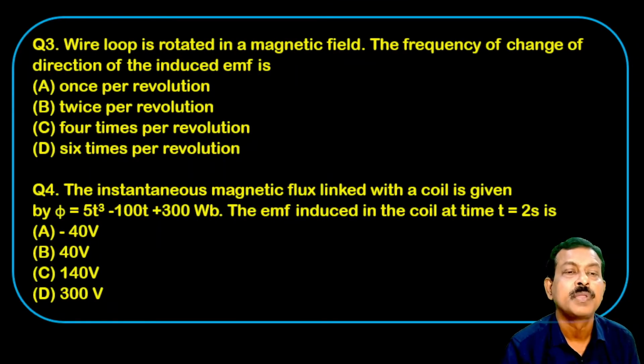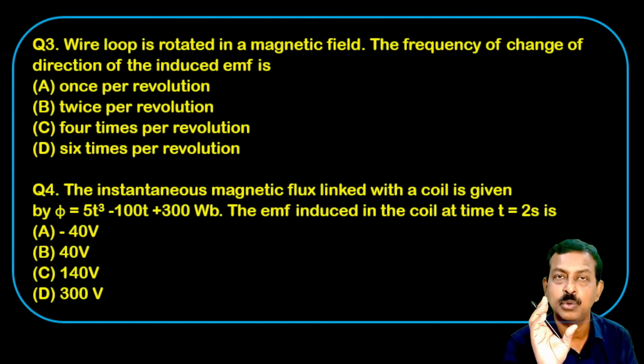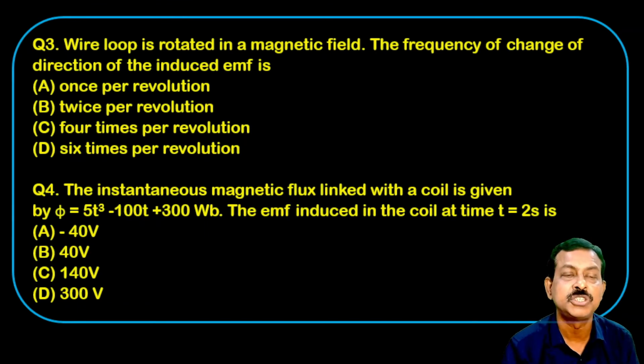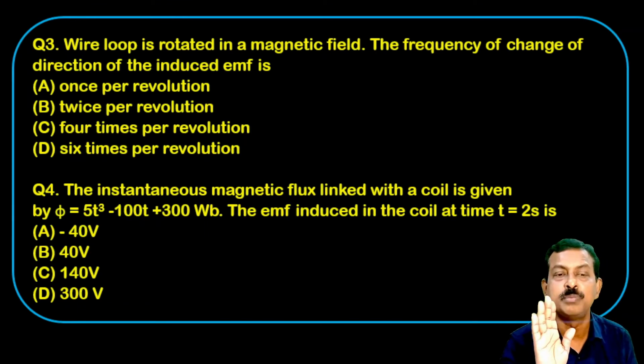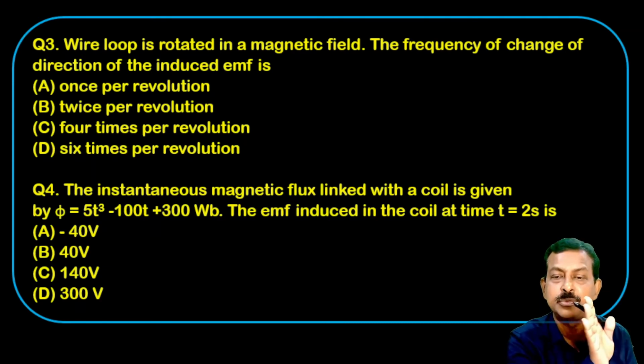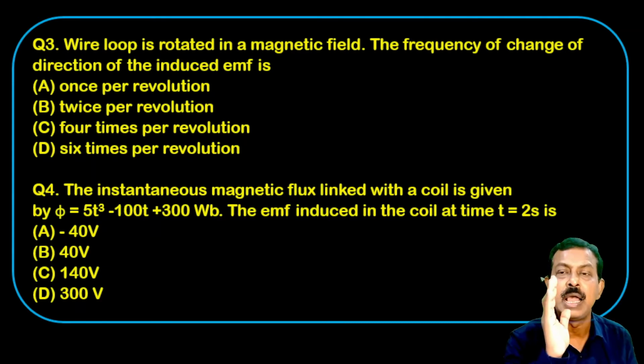Third question: a wire loop is rotated in a magnetic field. The frequency of change of direction of the induced EMF is. Now you have a loop, you are rotating it in a magnetic field. Suppose the magnetic field is from left to right, and the coil is held perpendicular to that, that means this plane is perpendicular.